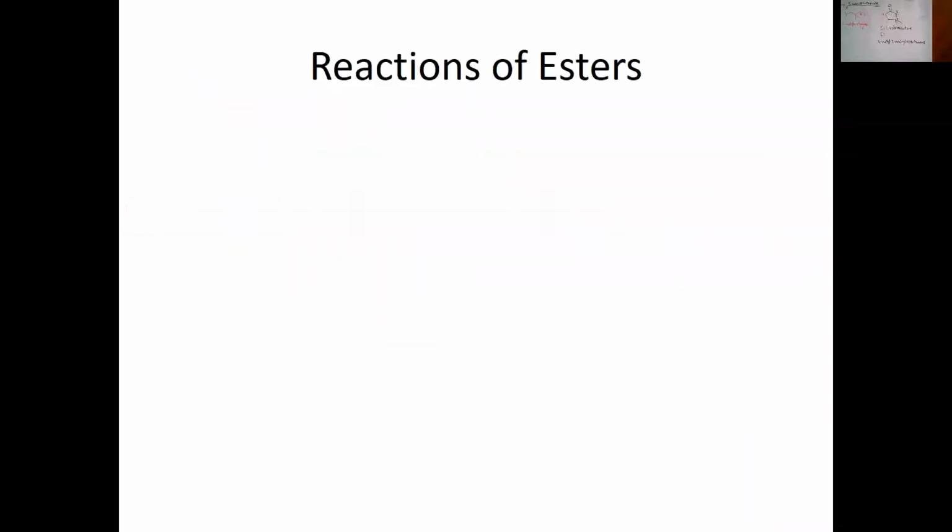Whoop whoop. All right. So rather than continuing to talk about nomenclature for the next 14 minutes, we're going to talk about what reactions esters do. Esters are different from the other derivatives we've talked about in that they can change from one ester to another. That's called transesterification.